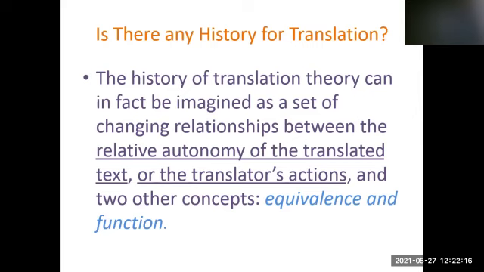So the first thing is the relationship between the text and the translator. The second thing is certain main concepts that we need to understand: equivalence and function. That's why in the title you have history and main concepts.